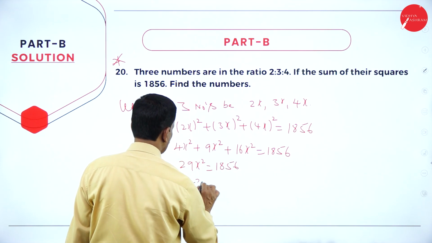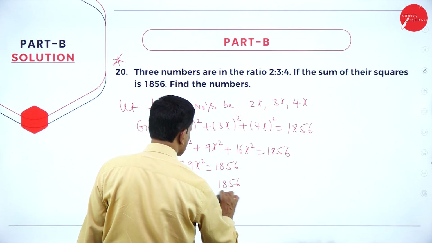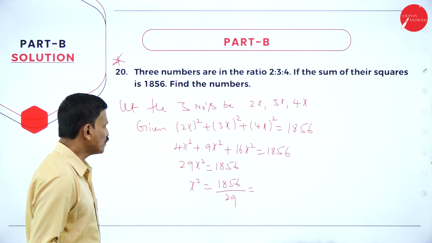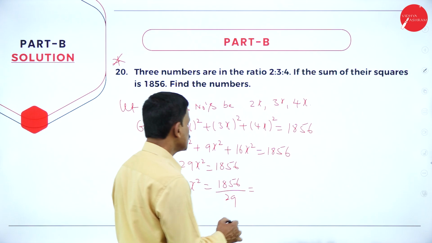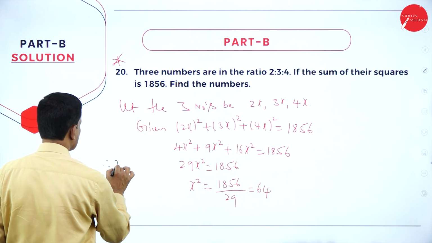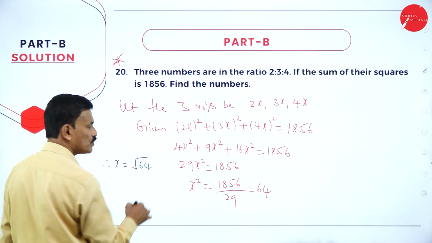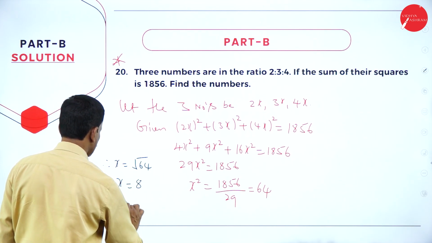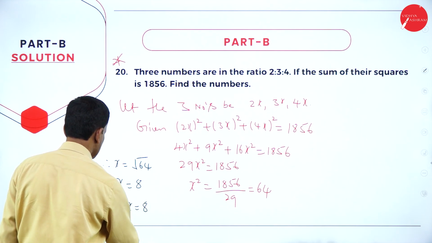Therefore, x square is equal to 1856 divided by 29. If you divide 1856 by 29, you will get 64. So x square is equal to 64. Therefore, x is equal to the square root of 64. Square root of 64 is 8. So, x is equal to 8.